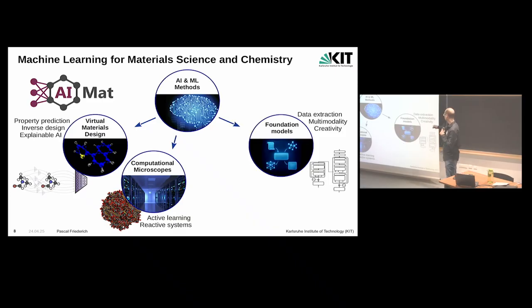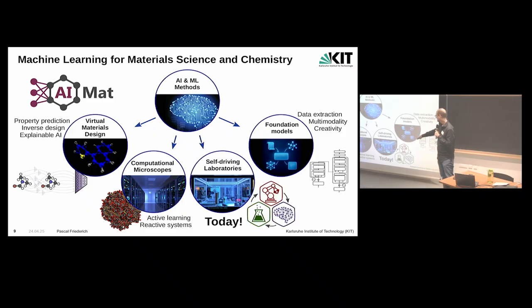We recently started looking into foundation models, LLMs mostly for data extraction of some data sets, and I think there's some of you in the room who do similar approaches. And then we became part of a Helmholtz foundation model initiative that tries to develop a foundation model for materials. So we try to combine many different data characteristics or like measurement characteristics of materials in one joint foundation model in order to use it for many different downstream applications.